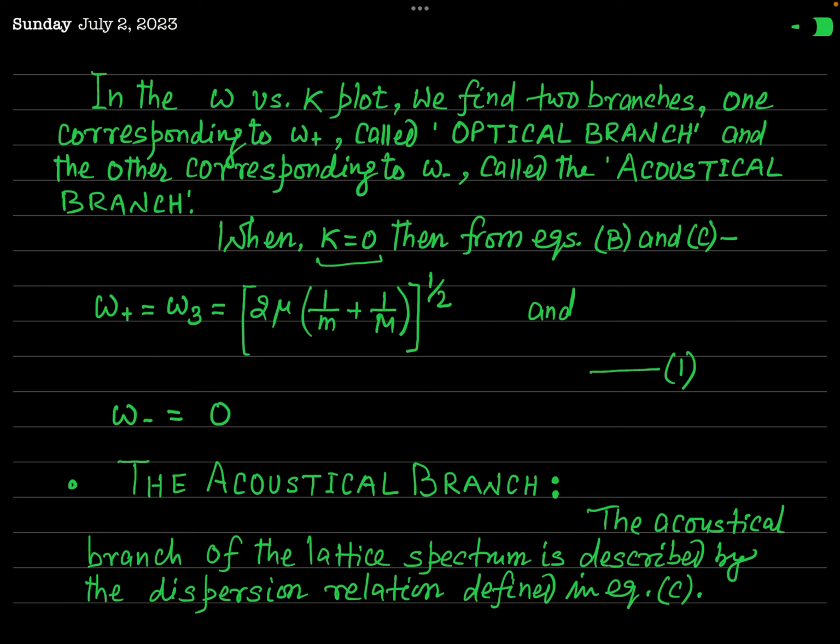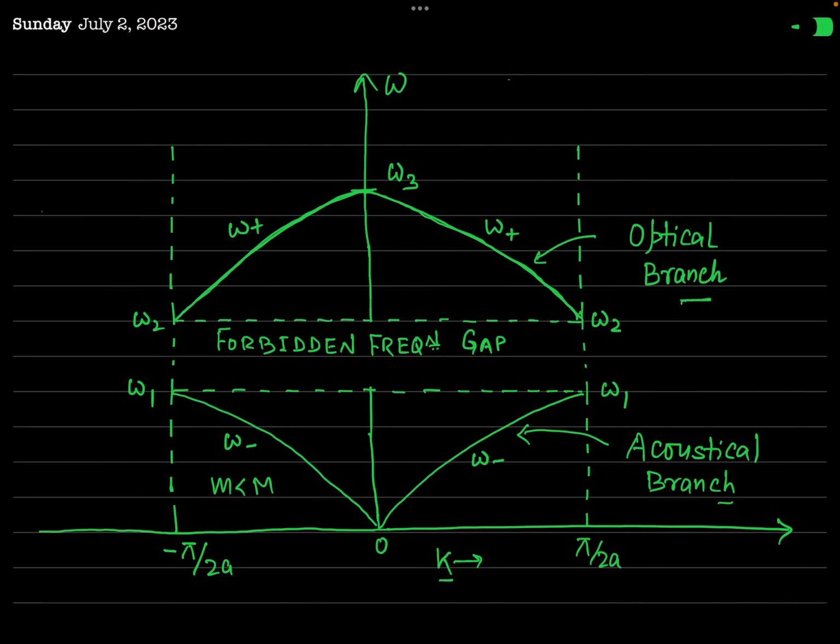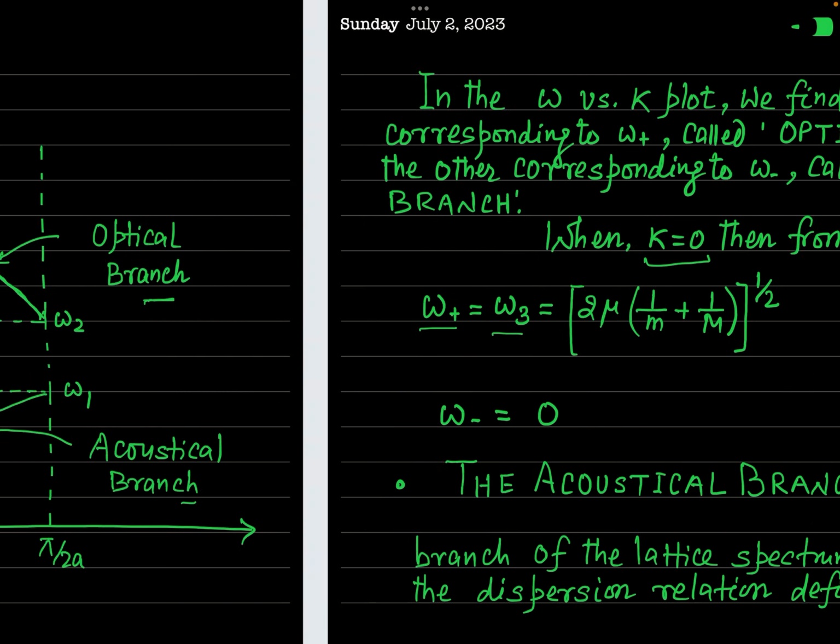And so if you want to find omega plus, which is supposed to be equal to omega 3, as I have shown in this figure, here is k equal to 0, and so this value of omega corresponding to this point, let us say A, represents that value of omega plus, which I have denoted by this symbol omega 3. But this omega 3 is equal to what?